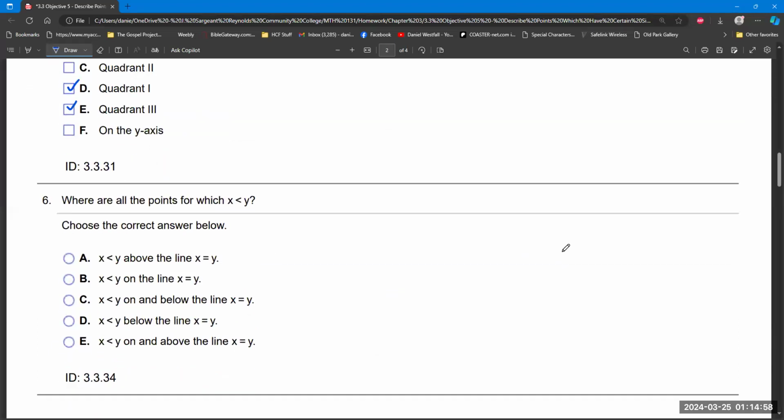Where are all the points for which x is less than y? So x less than y is the same thing as y greater than x. So if y is greater than x, we have the line y equals x that we talked about before.